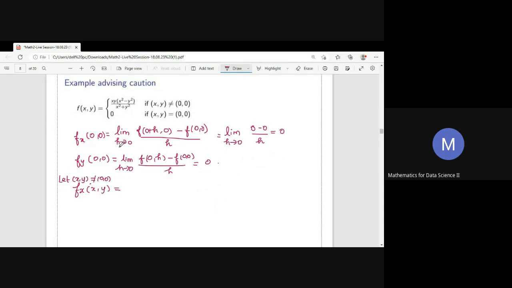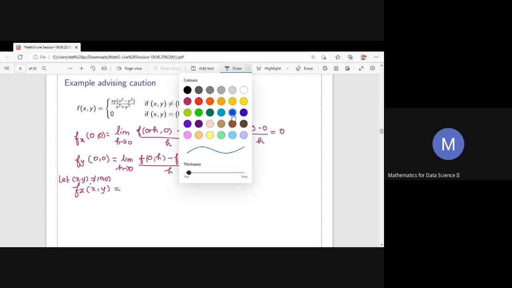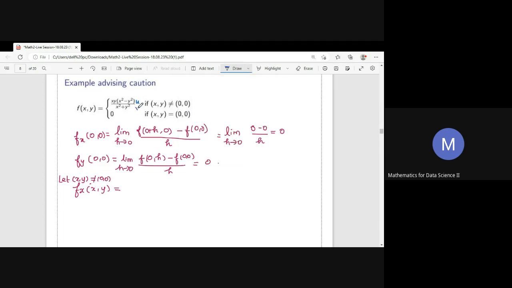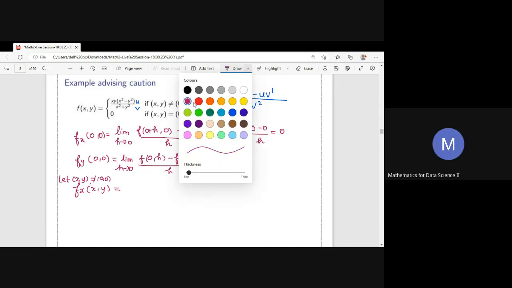For this point, you don't have to use the limit technique. You can use straight away the partial derivative formula you know. So here it is in u by v form, right? If it is in the u by v form, what is the formula you need to use? (v u dash minus u v dash) by v square. Okay, let us use this.